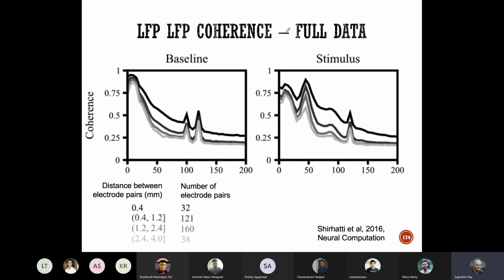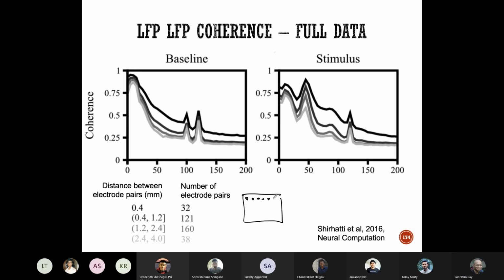So here's the result. This is actually from a paper that we published a few years ago. We show the LFP coherence as a function of inter-electrode distance. Remember, I've got a grid of electrodes.